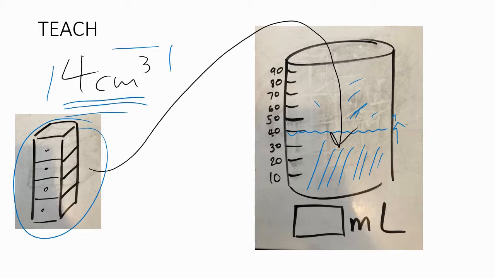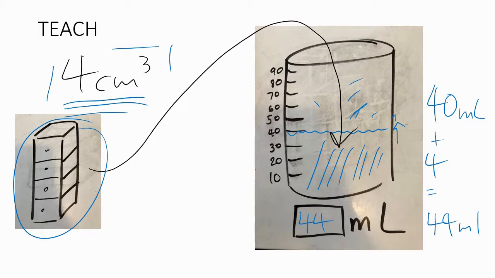That means it's 40 millilitres plus 4, so it's now going to be 44 millilitres. The amount in the beaker will now be 44 millilitres. Okay, so there's the teaching phase over.